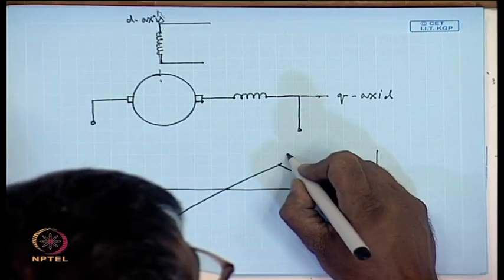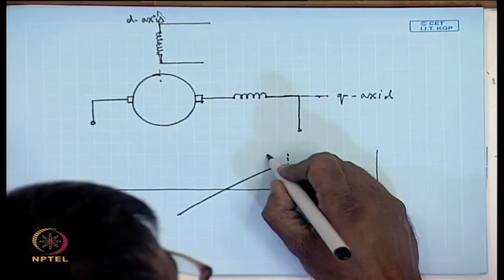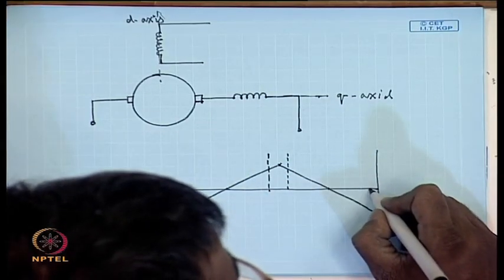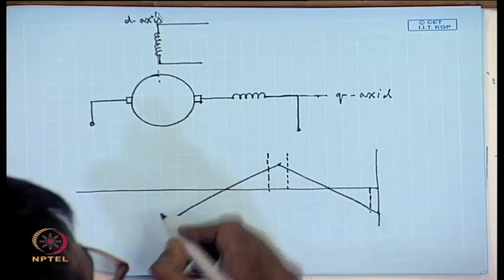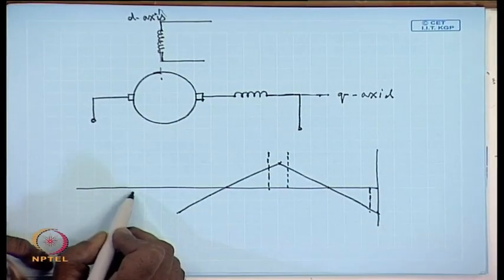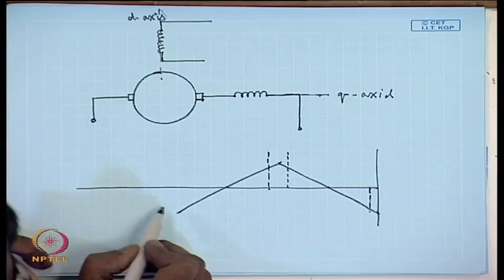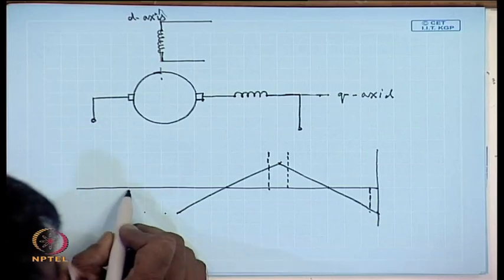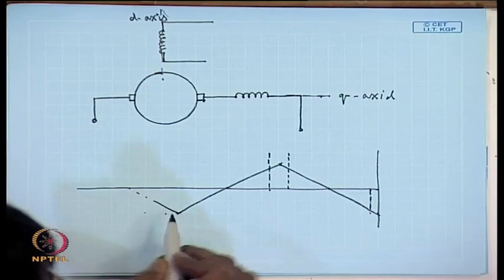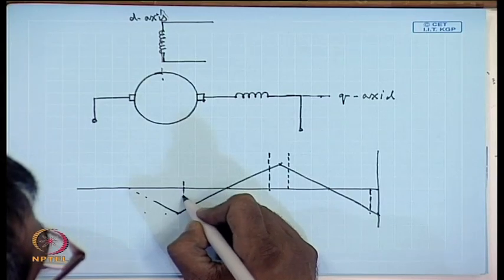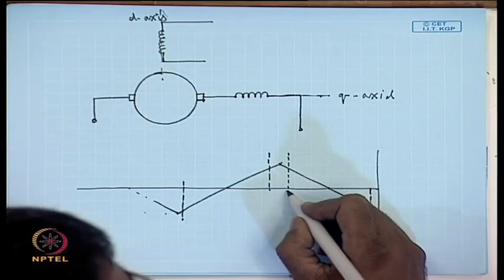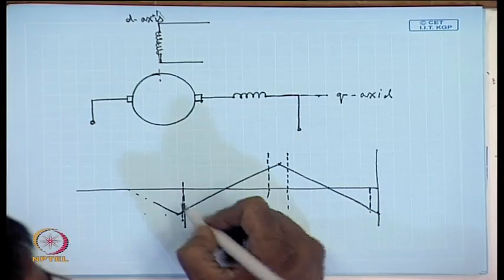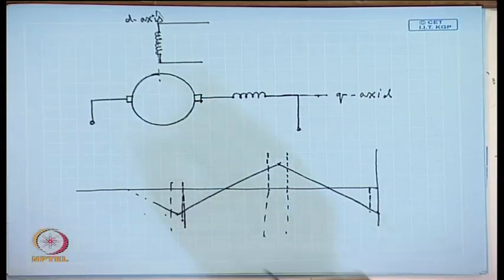If this is the extension of the pole arc, then ampere turns in this region get compensated, but not outside this region.